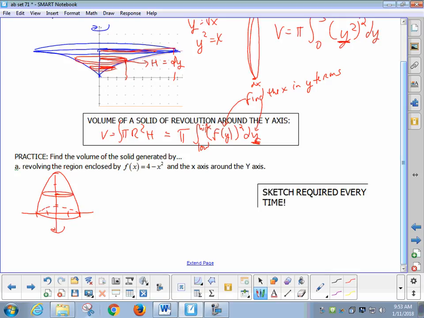Remember, I want the solid of revolution, but then also a slice revolved to show the actual cylinder we're using to estimate that region, or one of the cylinders.